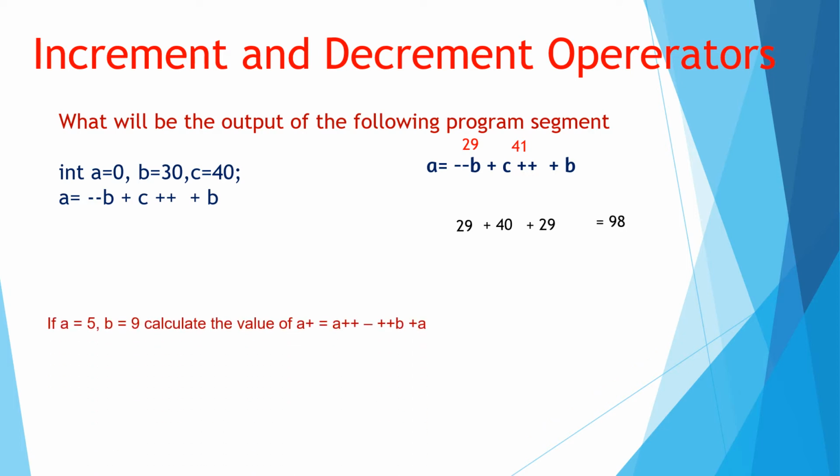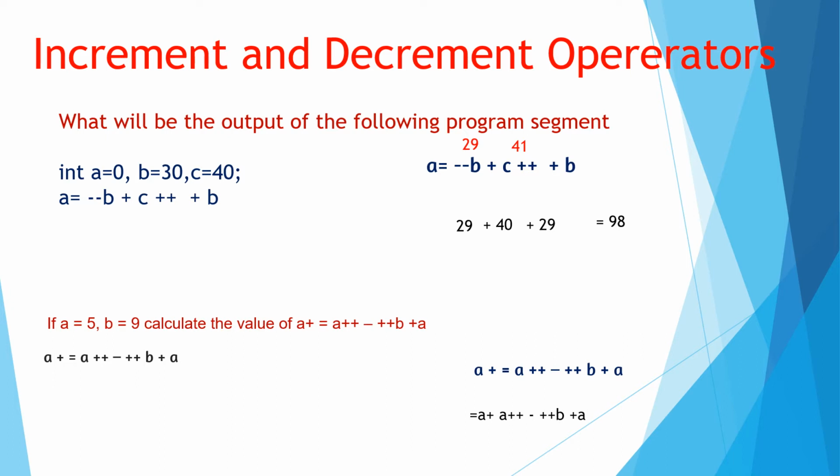The second question, if A is 5, B is 9, what is the value of A plus is equal to A plus plus minus A plus plus B plus A? So in this case, the A plus here will come on the right hand side and a new expression will be formed like this.